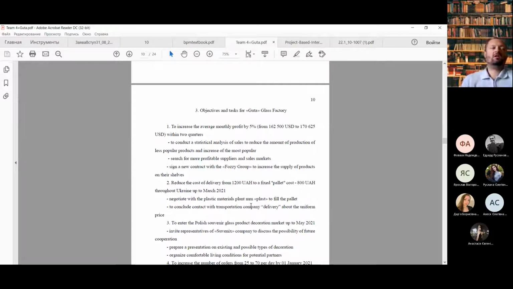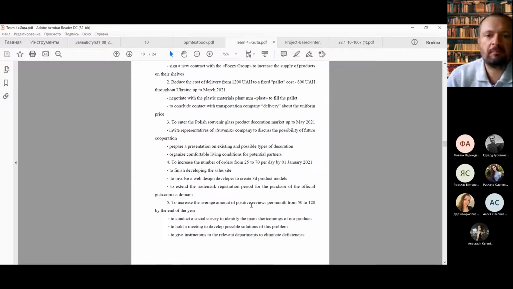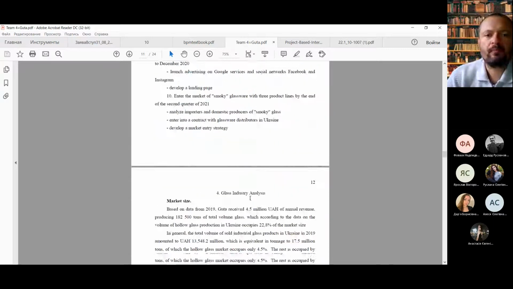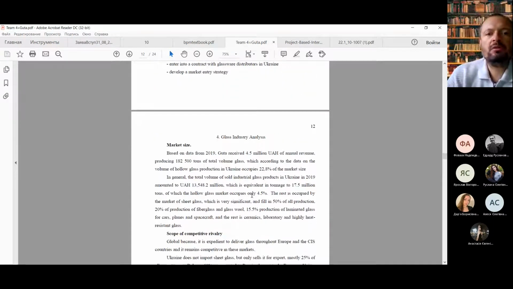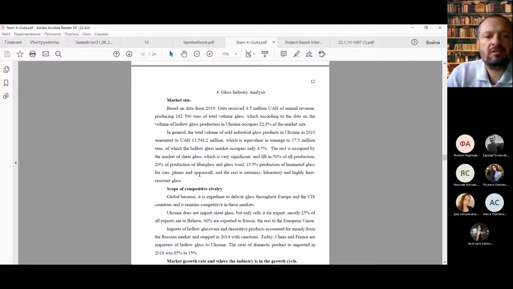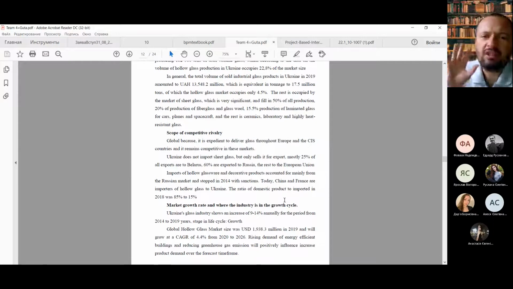Actually, we discussed SMART technology for objectives within the last course, but during this course we will also speak about how to support every objective with tasks. Then you will have to prepare an industry analysis according to the given structure: market size, scope of competitor rivalry, and so on. We will discuss it within the lecture.